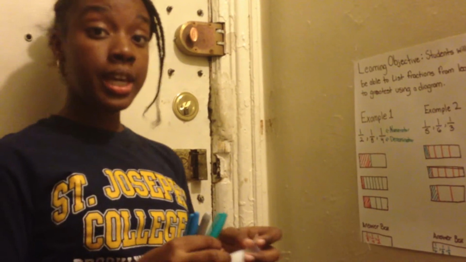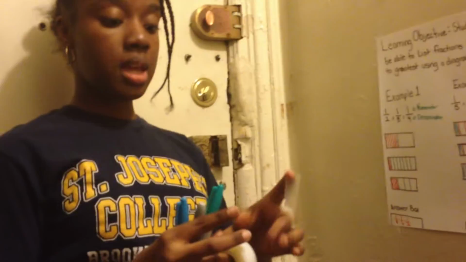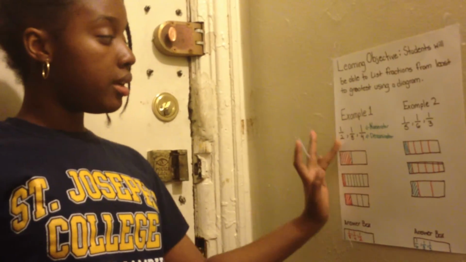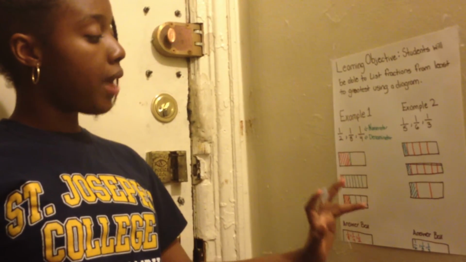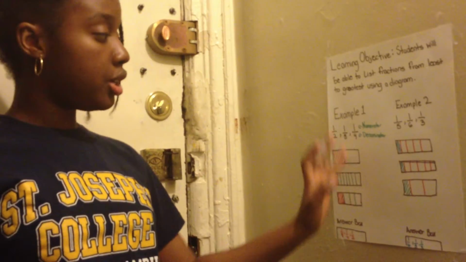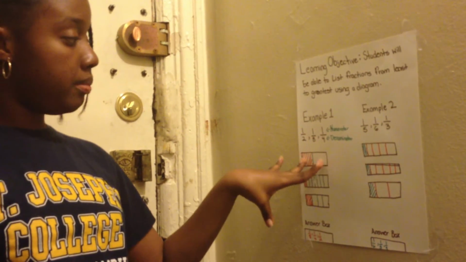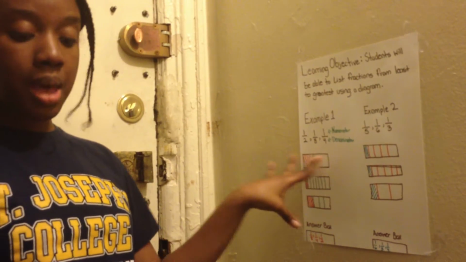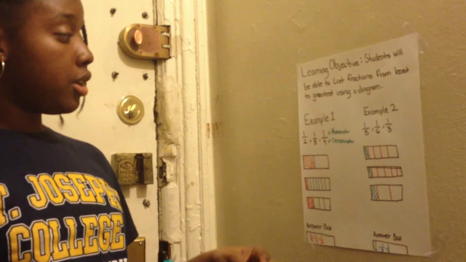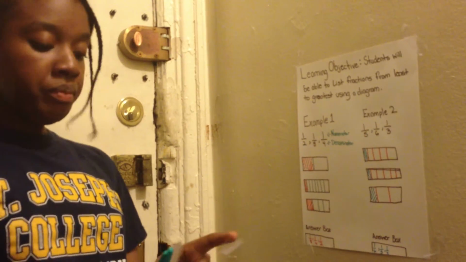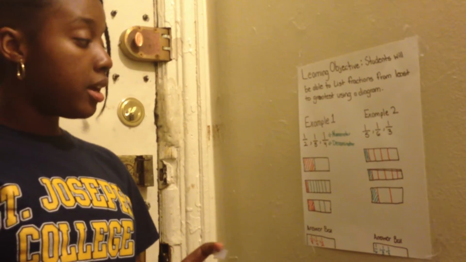We have three problems, and for each problem, you're going to draw 3 boxes, one for each fraction. You're going to put the denominator amount inside the box, and then shade in the numerator part. How big are your boxes going to be?